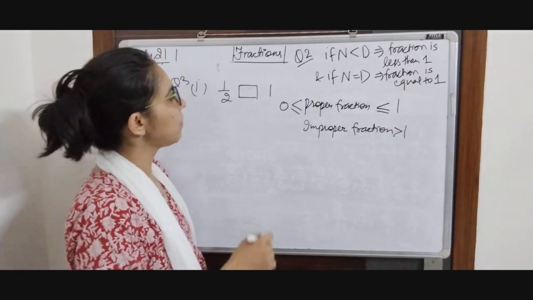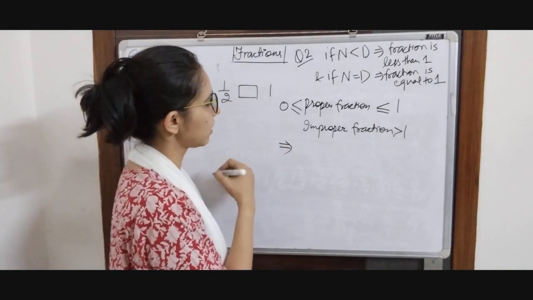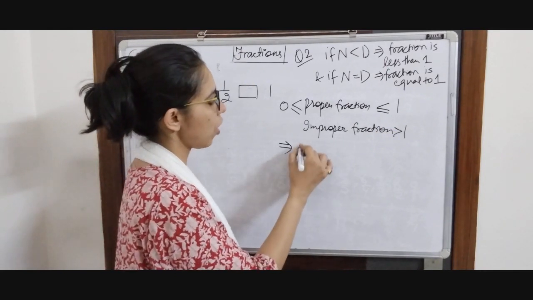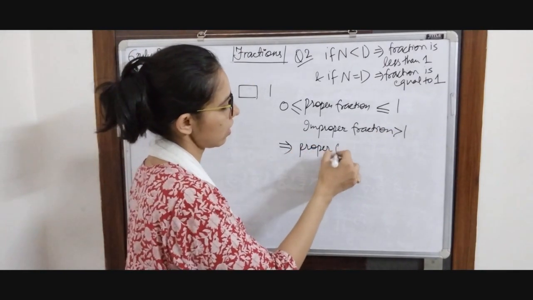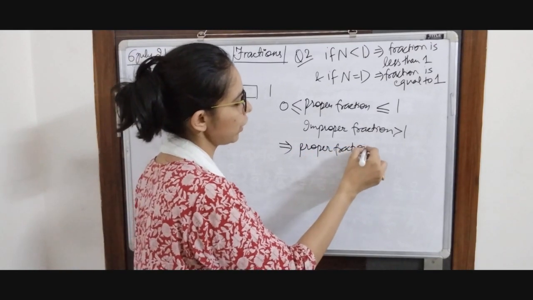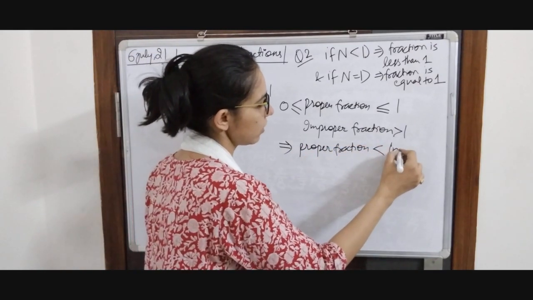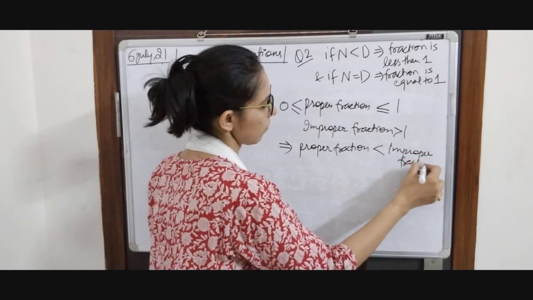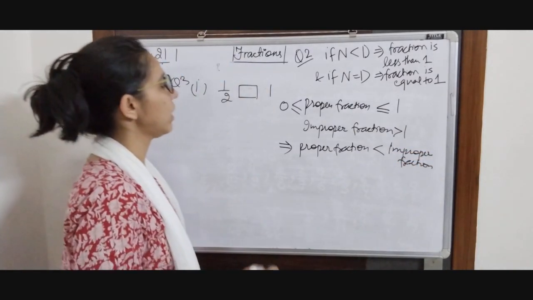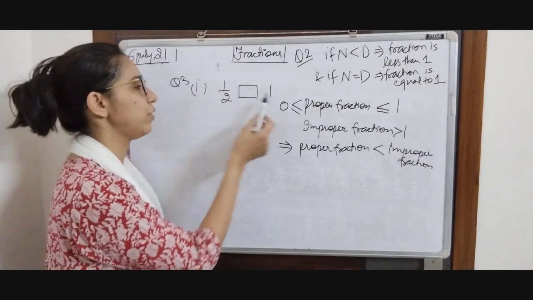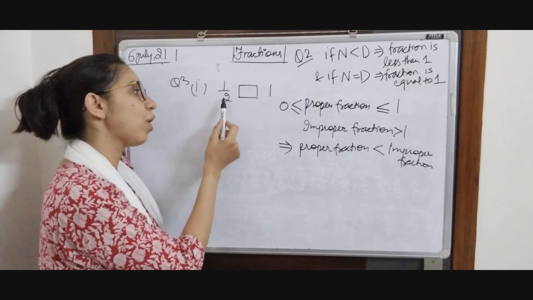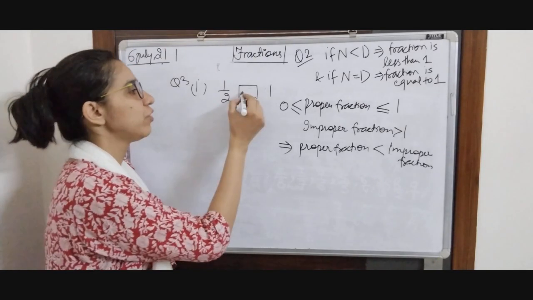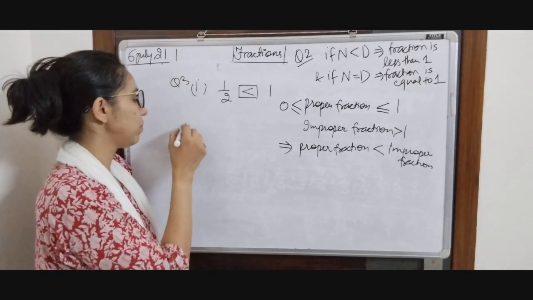Okay, so it implies that our proper fraction is going to be less than our improper fraction. Now here we have 1 by 2 and 1. This is one part of 2 and this is one whole part. So which one is bigger? Your one whole part is going to be bigger.